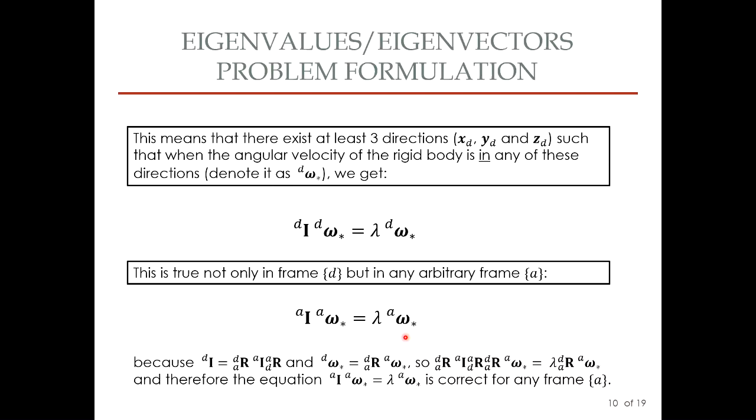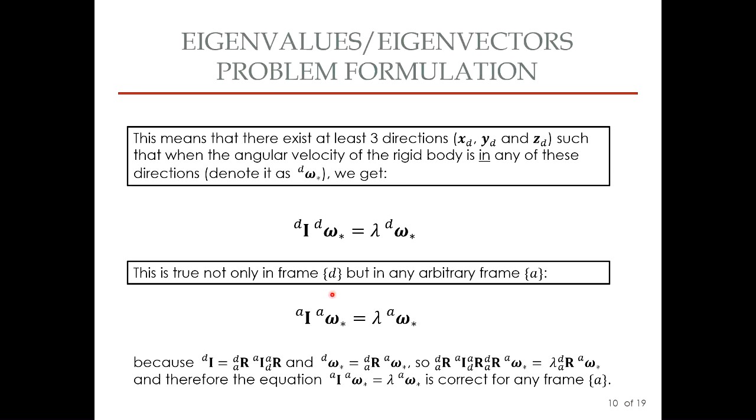All right. So now the idea is to go from this, which is just what I did on the document camera. Starting from this, without knowing what omega should be to satisfy this equation, and without knowing what lambda is, we can still head towards finding all the directions xd, yd, zd.